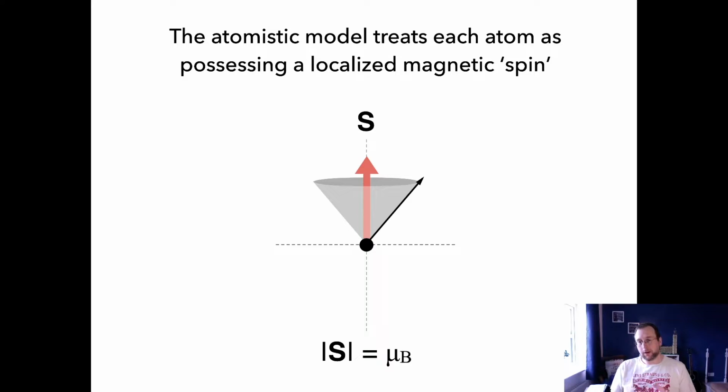For cobalt and iron, this is a reasonably good approximation. For nickel, less so. Obviously for oxides, where you have genuinely localized d electrons, again this is a good approximation. So for a large class of materials, this localized moment approximation is actually not bad at all.